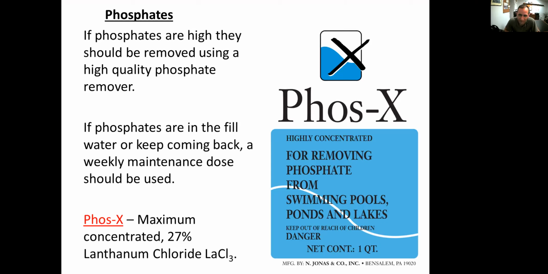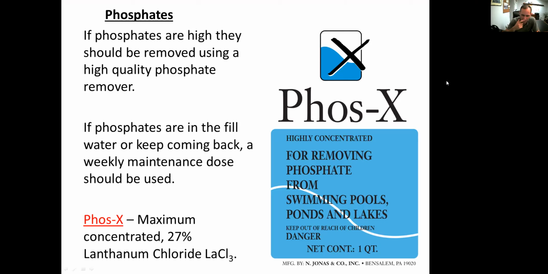If it's a little, it might not have too much effect, but if it's a high level, or you're getting phosphates from some other source like fertilizer, it's a good idea to just use the PhosX as a weekly maintenance dose. Use a small amount every week, to stay on top of it and prevent any problems.